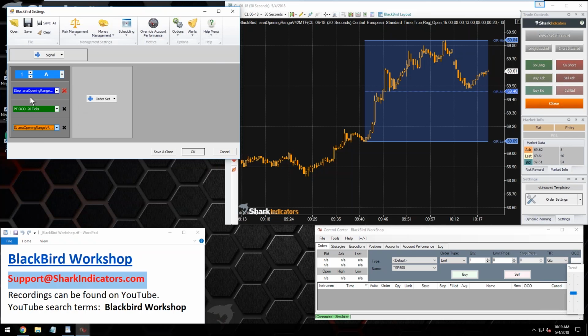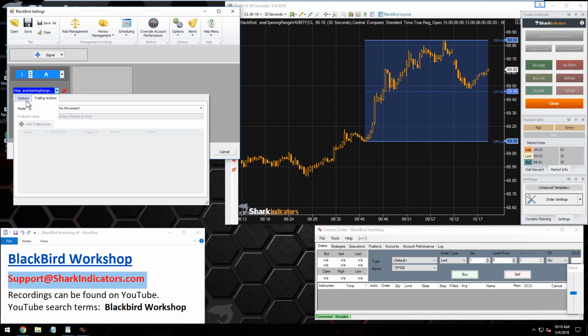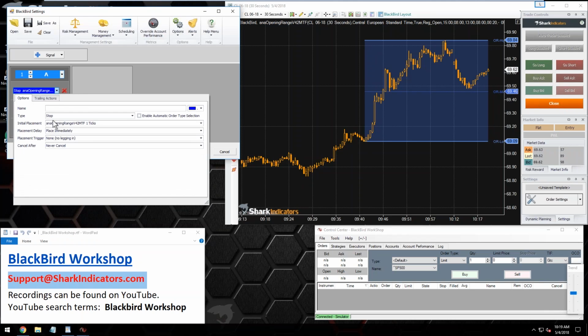So anyway, I've thrown together a profit target and stop loss for this. Again, the key really was setting up the stop entry order. If you want to make it a stop limit, all you have to do is change the type to stop limit there. But I'm going to keep it a stop entry.